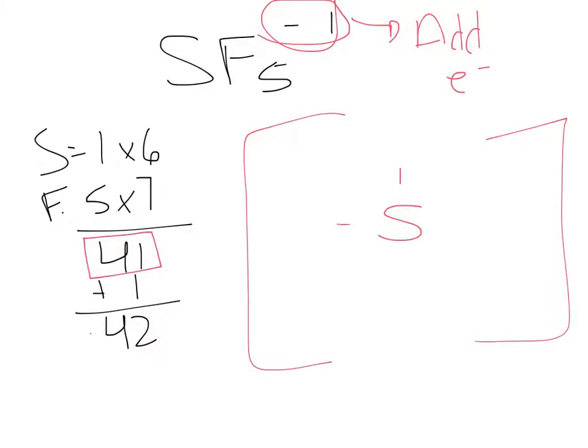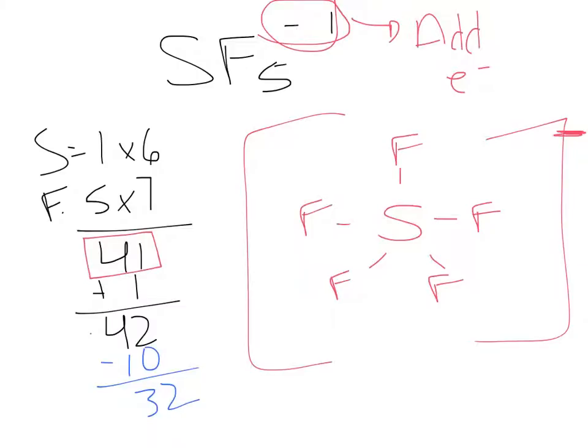S, F, F, F, F, and F. And like I said, you got to have the charge on the outside. So how many total electrons did I use? 2, 4, 6, 8, 10. So minus 10 leaves me 32. So every fluorine is going to get 6.